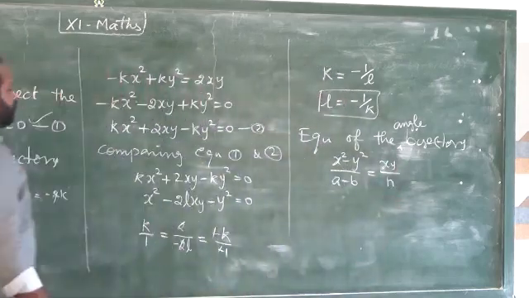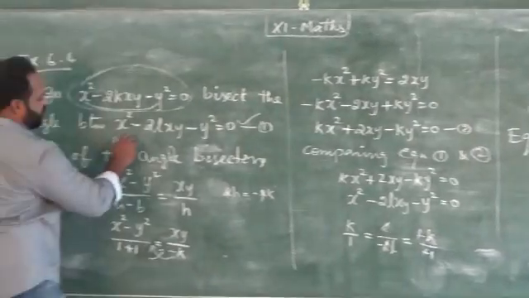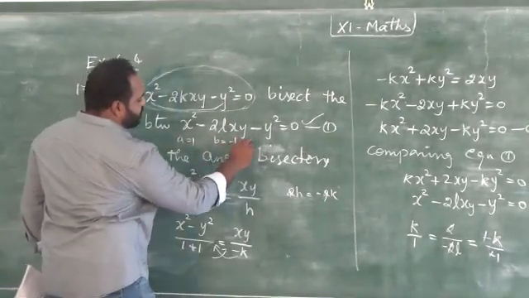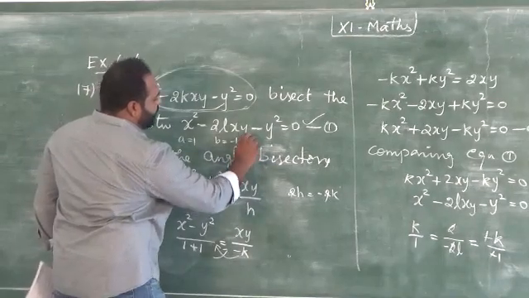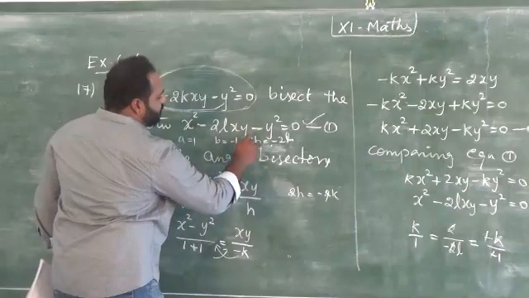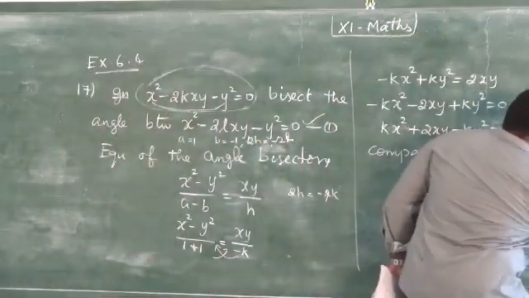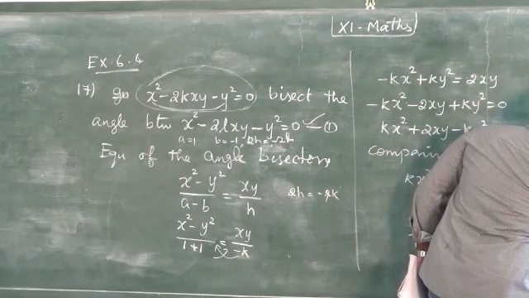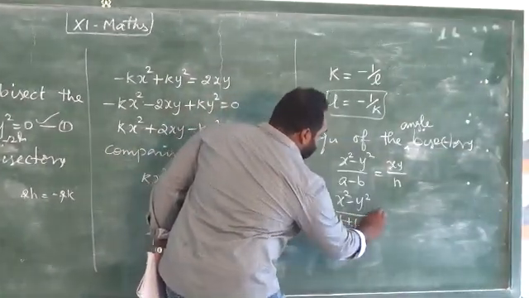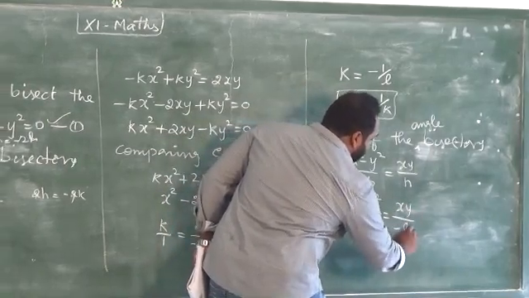From here I am going to take the values of a, b and h. In this, a value is 1, b value is minus 1, 2h value is minus 2l, 2 cancels, so h is minus l. So x square minus y square by a minus b, where a is 1 and b is minus 1, will become plus 1, equal to xy by minus l.